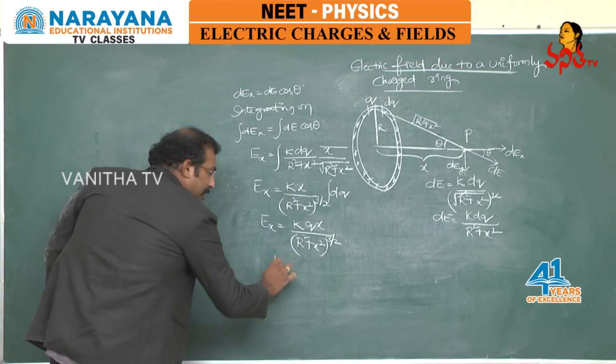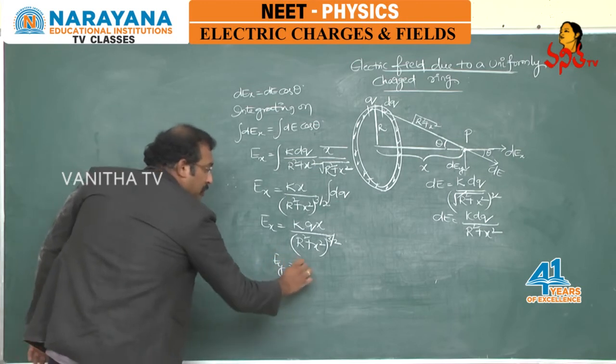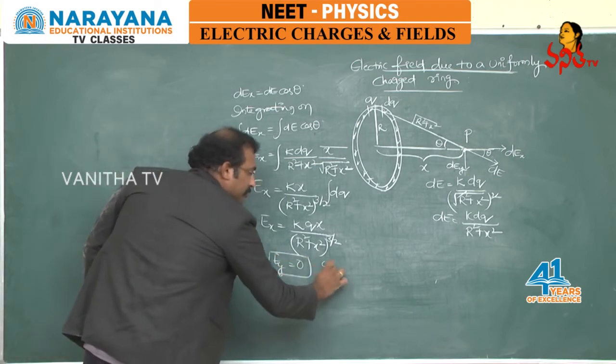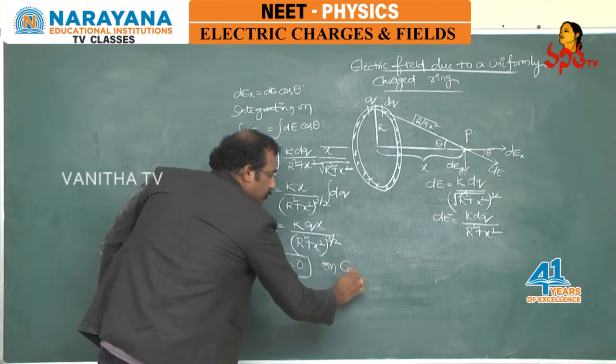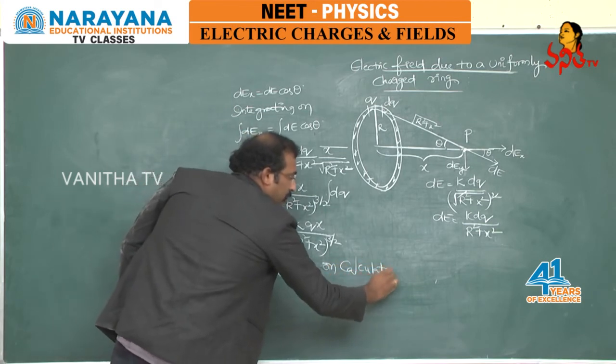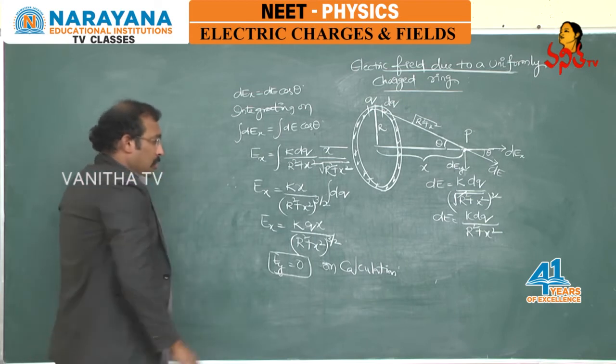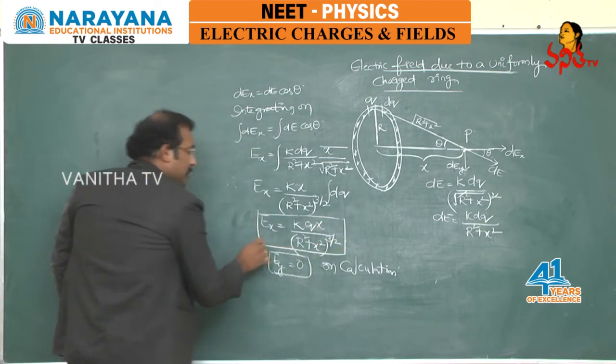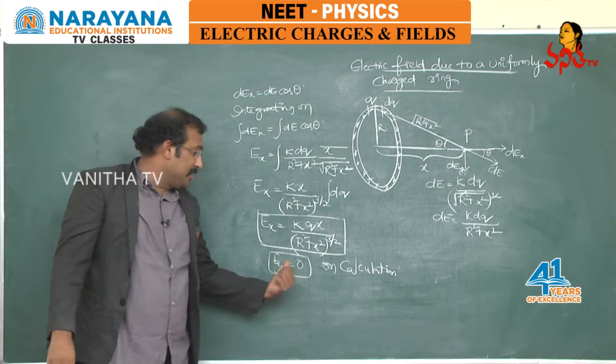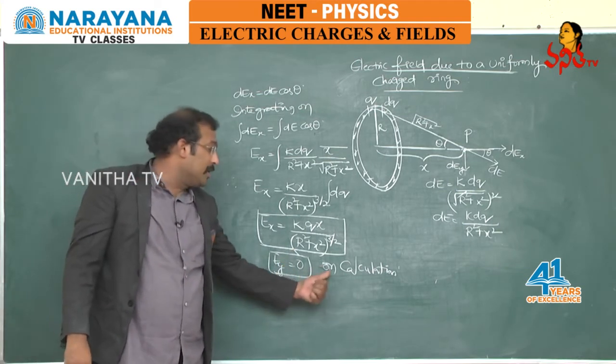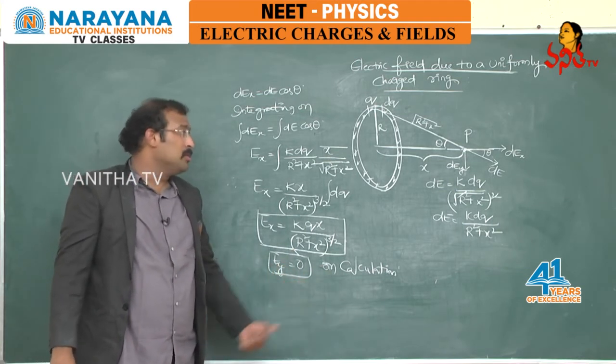So Ey you will get 0 on calculation. Please do remember, this is the x component of the electric field and this is the y component of the electric field. On calculation the y component will become equal to 0.